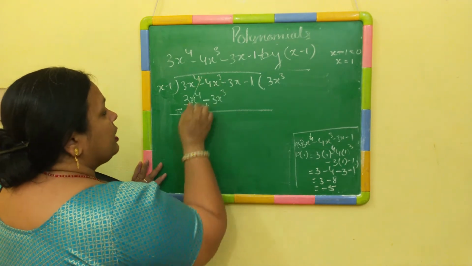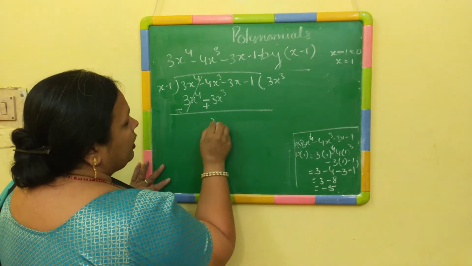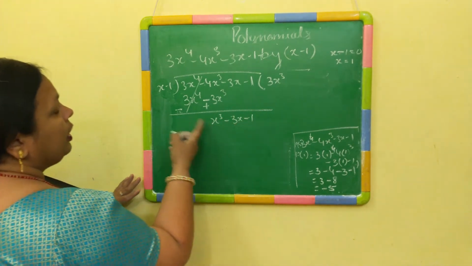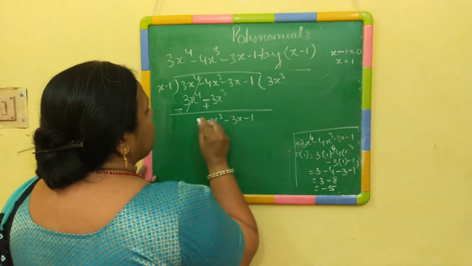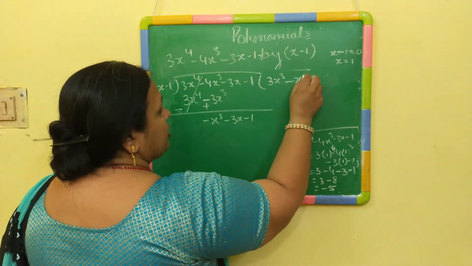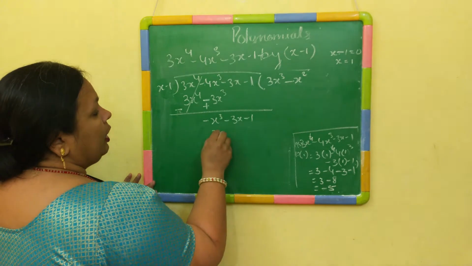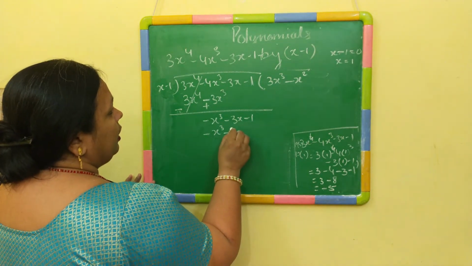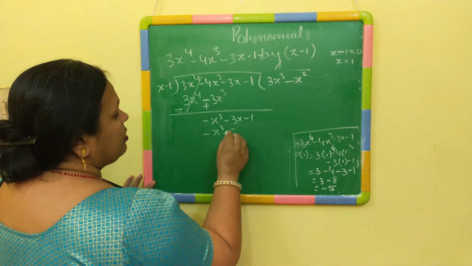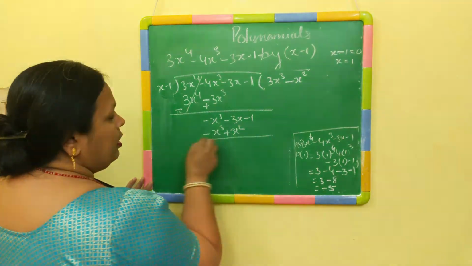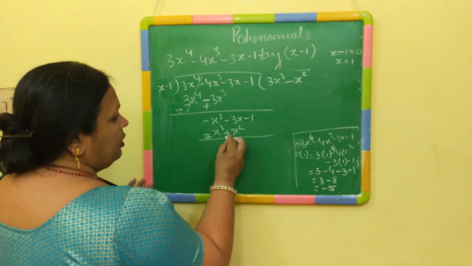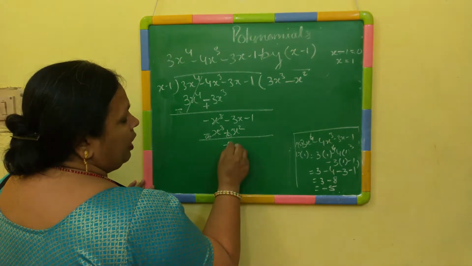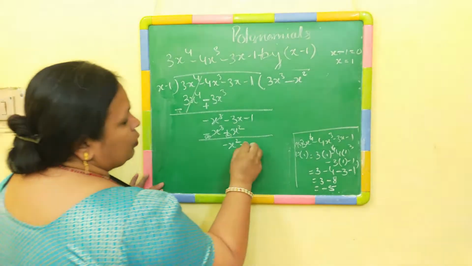Now we will be cancelling this and we will have x cube minus 3x minus 1. To get x cube, we will be putting a minus sign, so minus x square. Now this is minus x cube, minus into minus is plus x square. Now when you change the sign, this becomes minus. We have cancelled x cube, we don't have any value, but we will be keeping minus x square.